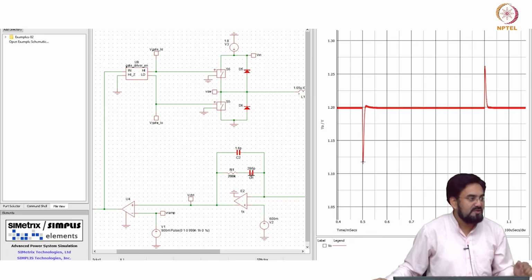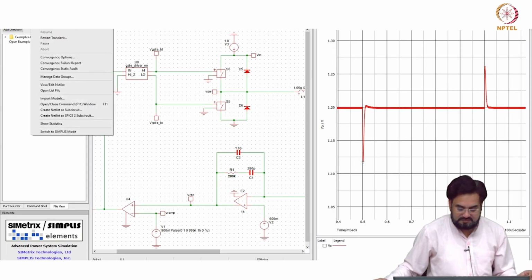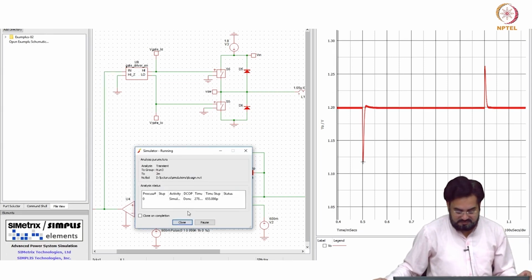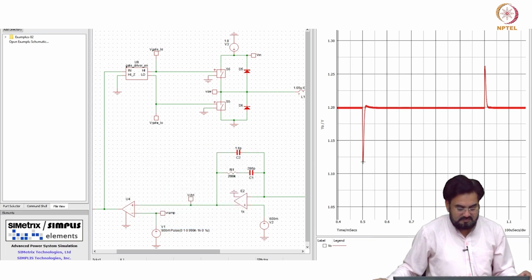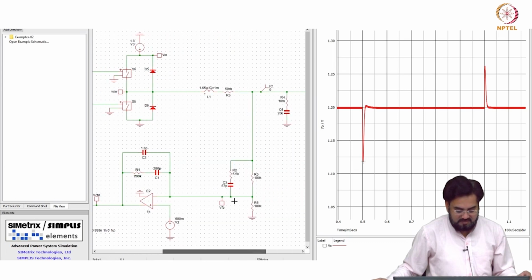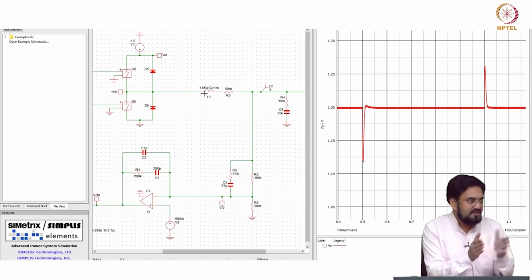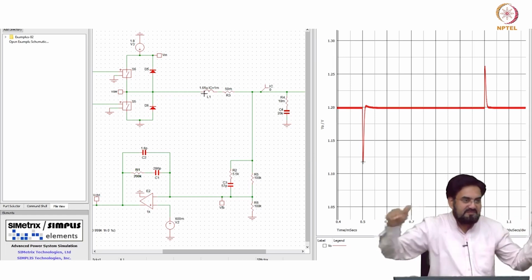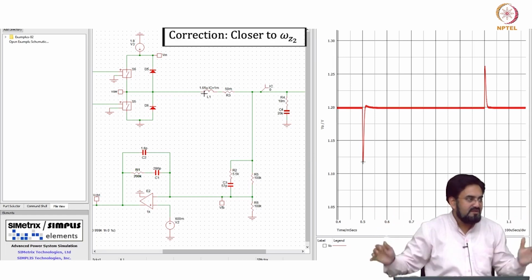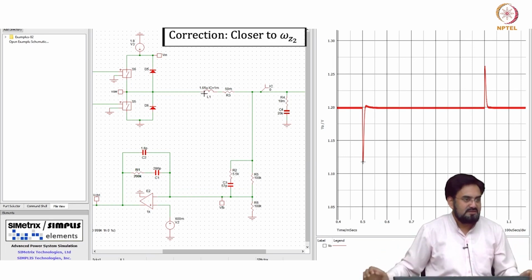So that was omega naught by 2. The curve means your omega z is shifted lower, so it will be flatter for a wider frequency range.